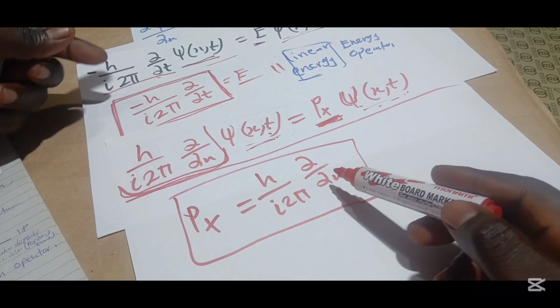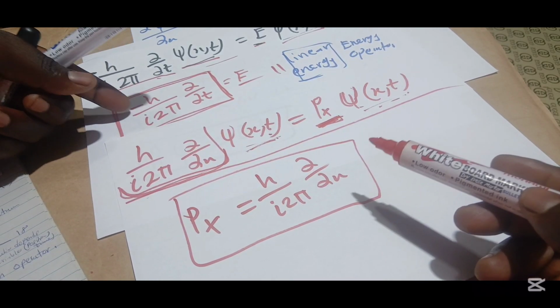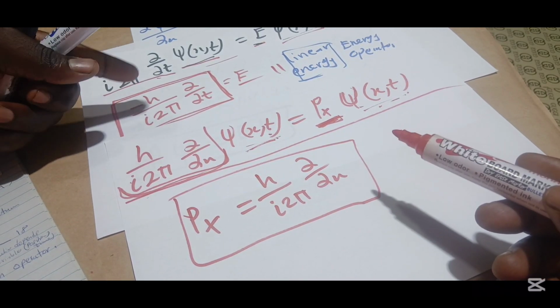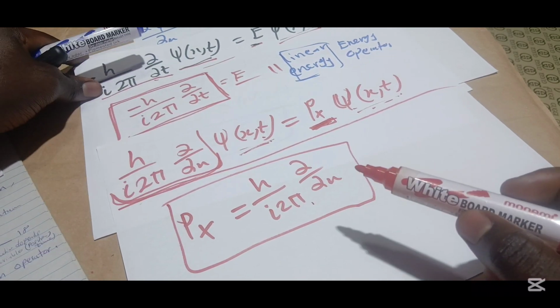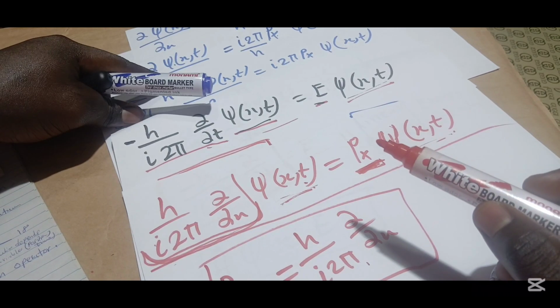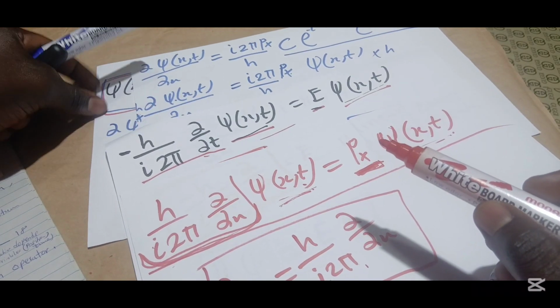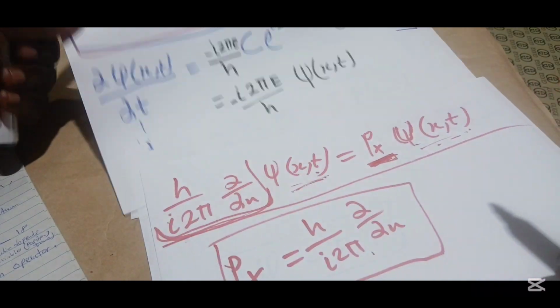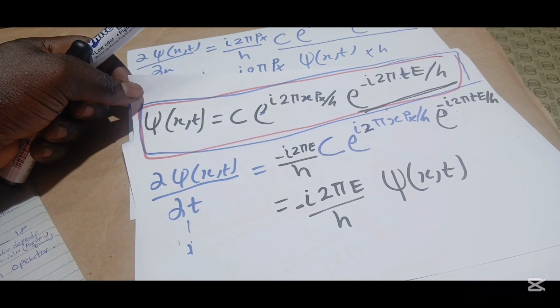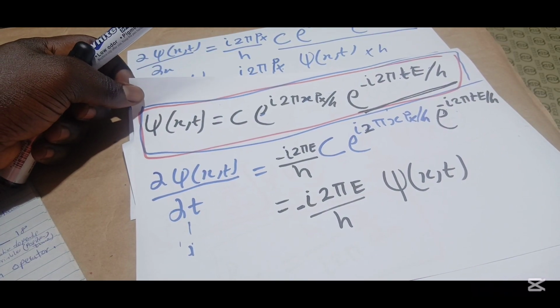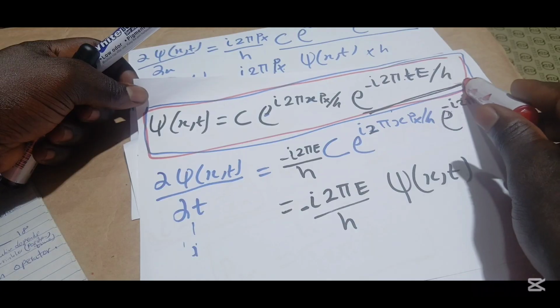So it's just the same, but you should know that differentiating with time gives you this, differentiating with x gives you this. And more importantly, you should know the mother equation, I mean, the wave function after we substitute the Einstein-Planck relation and the de Broglie relation.